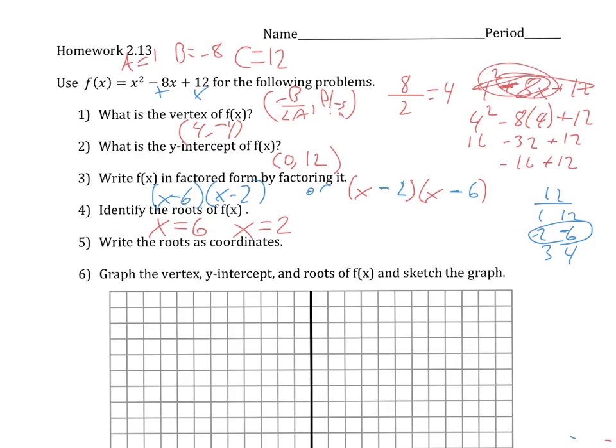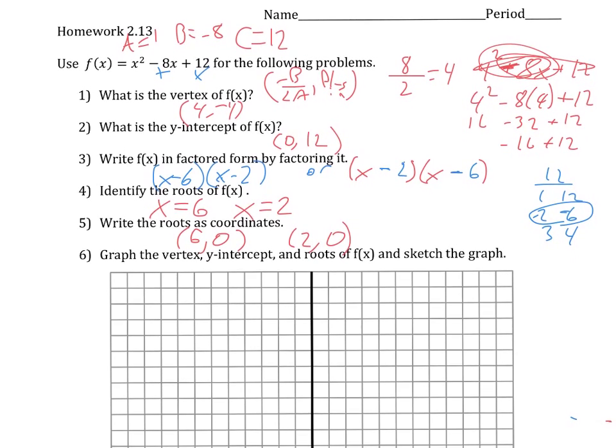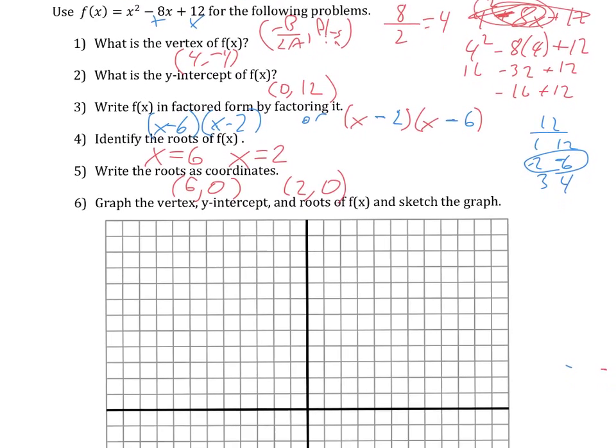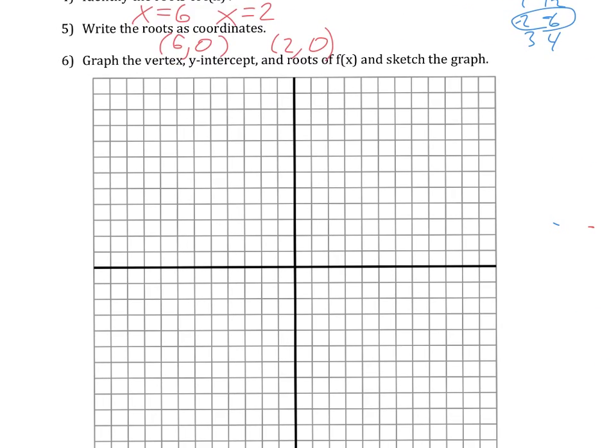The roots as coordinates, because we're about to make a graph, remember we call these things zeros sometimes. That's because their y-coordinate is the value 0. So there's our two coordinates, and now we can go make a graph. We can put our vertex on there. Our vertex was 4, negative 4, so that would be from the center, right 4, down 4.